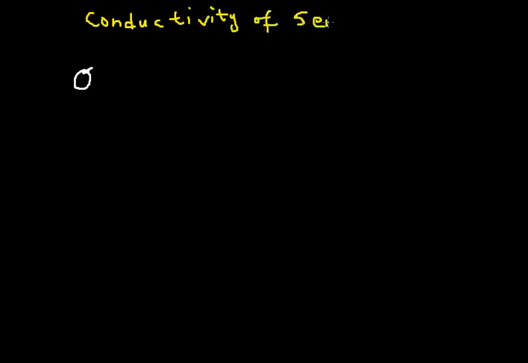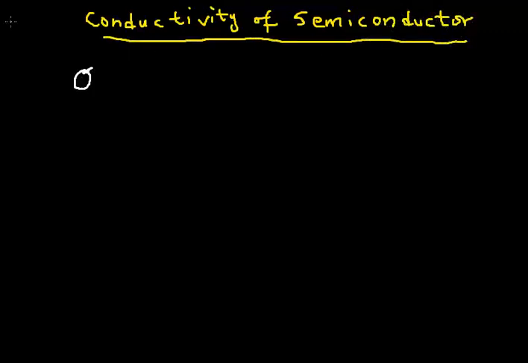Then, of course, we also need the expression for resistivity. Don't forget that the charge carriers in a pure semiconductor are holes and electrons. Those are the two things that carry charge.